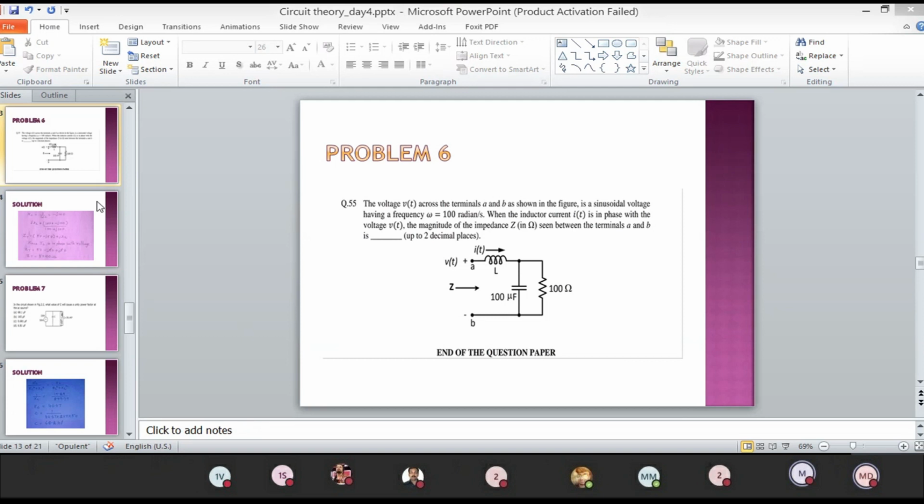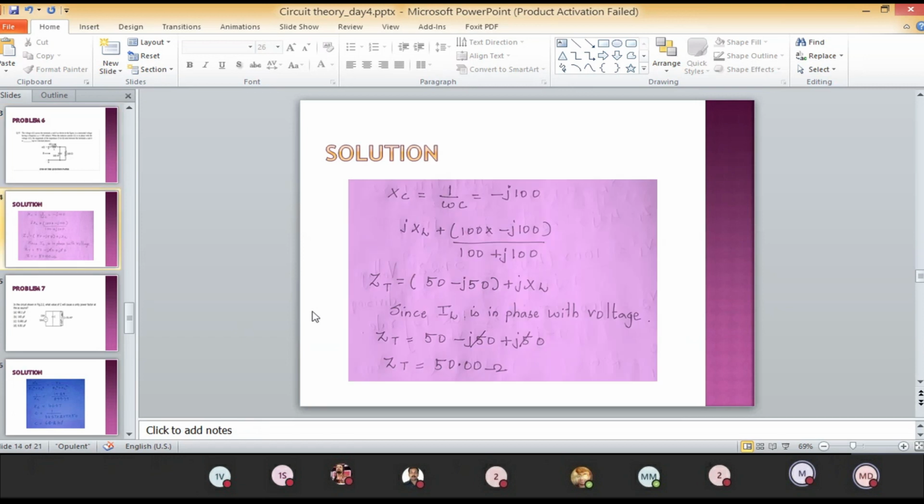It means the AC circuit exhibits a resonance condition. So observing the question is very, very important. The inductor current or the input current is in phase with voltage. So finally, up to 2 decimals, it is 50.00.